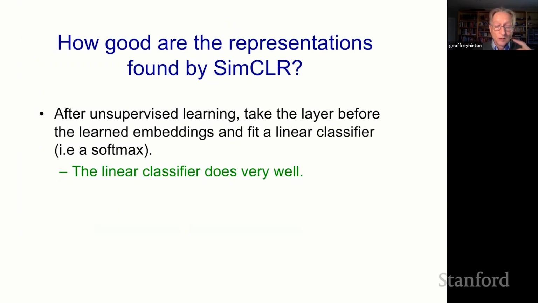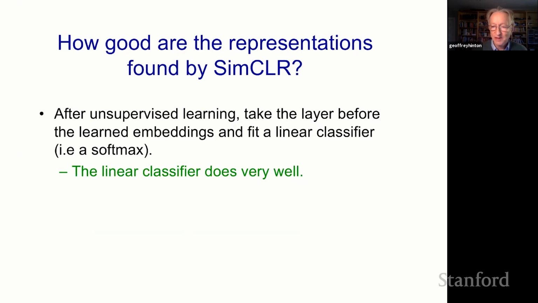So what you can do is do unsupervised learning by trying to maximize agreement between the representations you get from two image patches from the same image. And after you've done that, you just take your representation of the image patch and you feed it to a linear classifier, a bunch of weights. So that you multiply the representation by a weight matrix, put it through a softmax and get class labels.